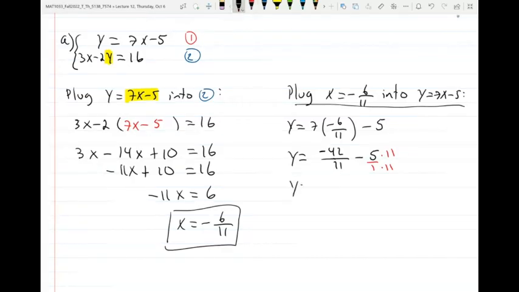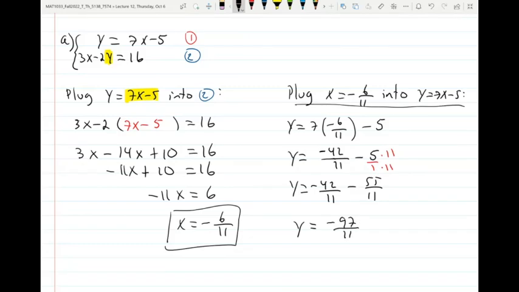So what do we obtain then? Let me rewrite what we have. We have negative 42 over 11 minus 55 over 11, right? Instead of a 5, we write 55 over 11. Now the denominators are the same, we can nicely combine. So what will be the result? Negative 97 over 11.